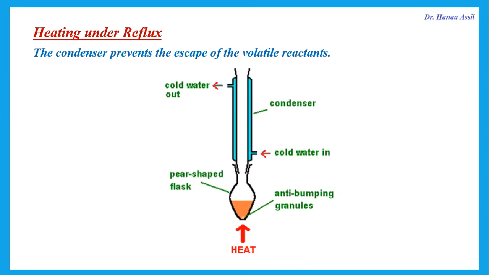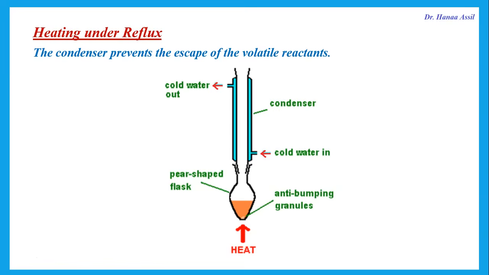For example, in our syllabus, we need to heat ethanol or an alcohol with an oxidizing agent. Now, if I heat a primary alcohol with an oxidizing agent, I need to heat it completely so that everything changes into an acid.